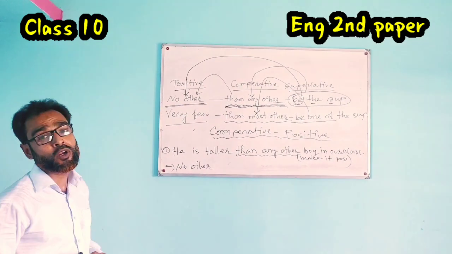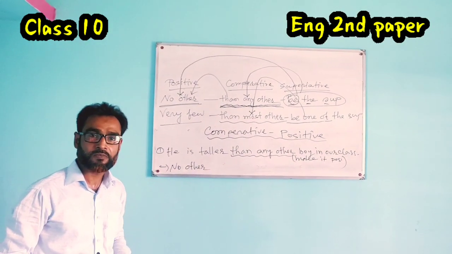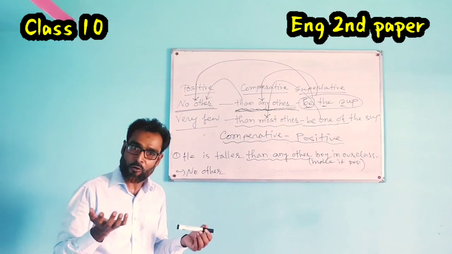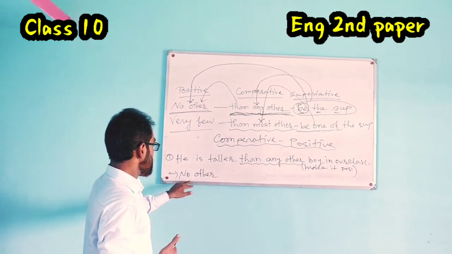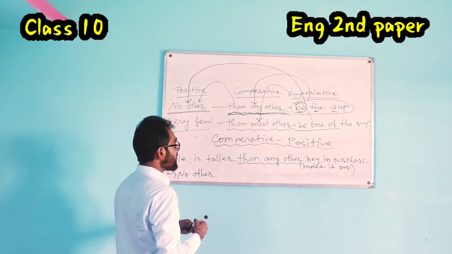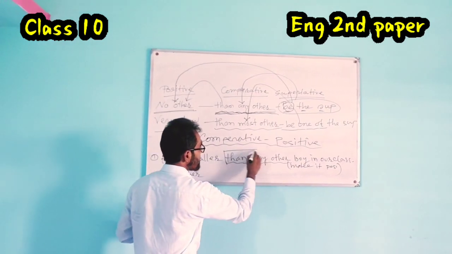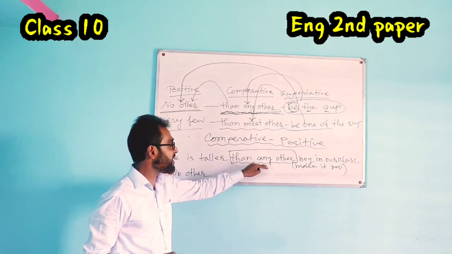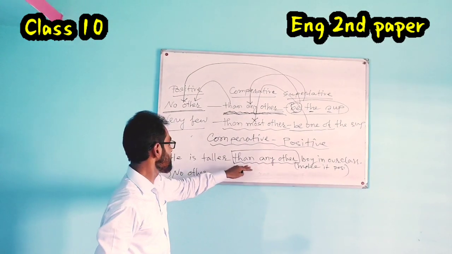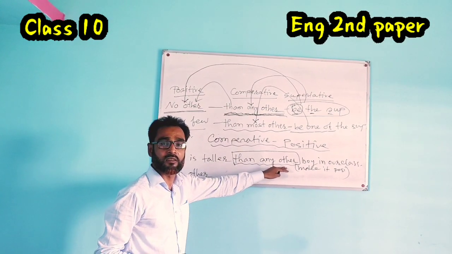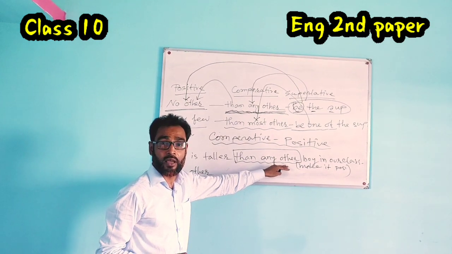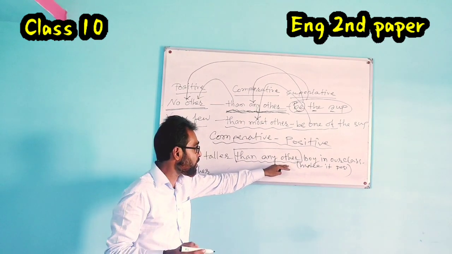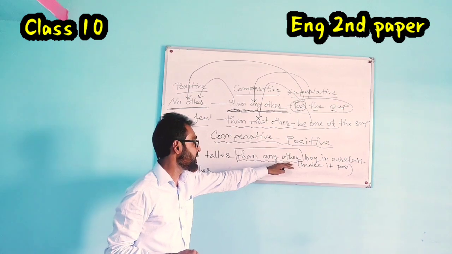Now what will you do, my dear student? Very easy, please follow me. No other. Then you find out what is the sign of comparative degree. Here, than any other is one of the signs of comparative degree.